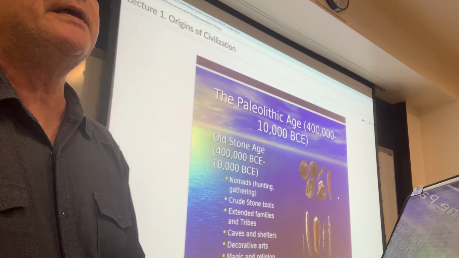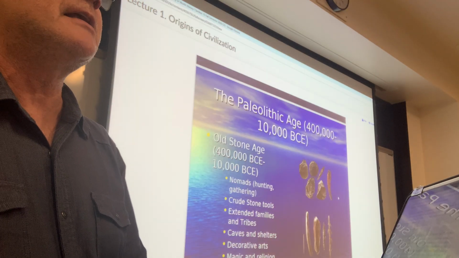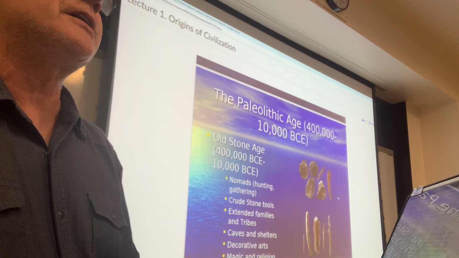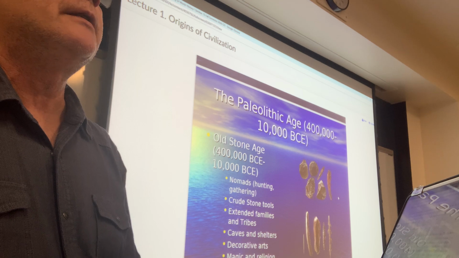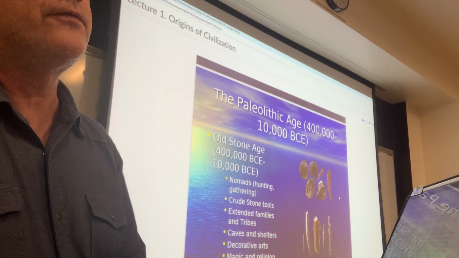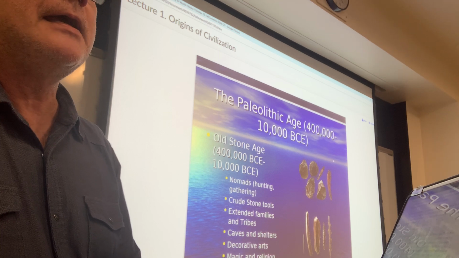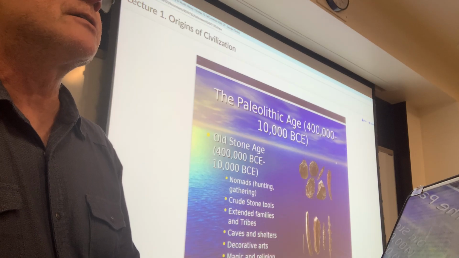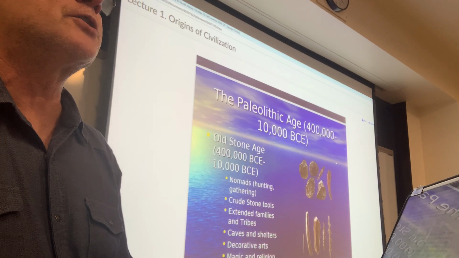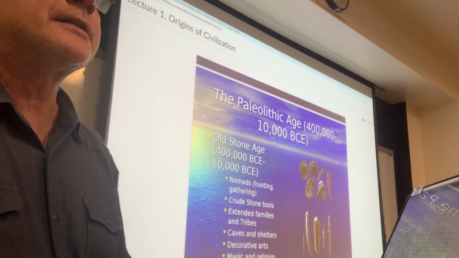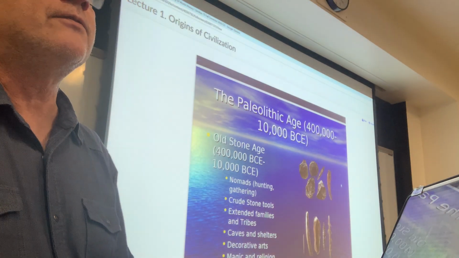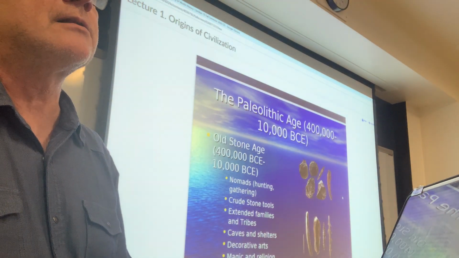Speaking in scientific terminology, if we talk about the economy of this Paleolithic age, scholars use the term food gathering economy. They gathered food in order to sustain their lives.